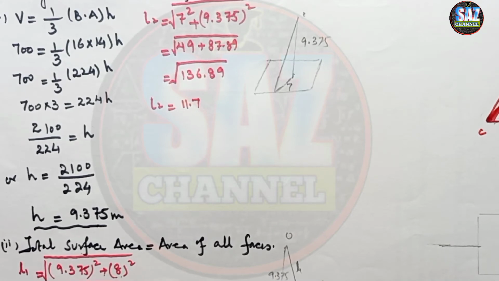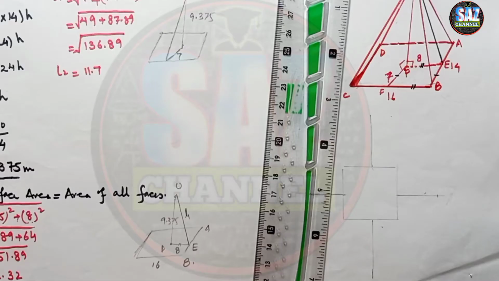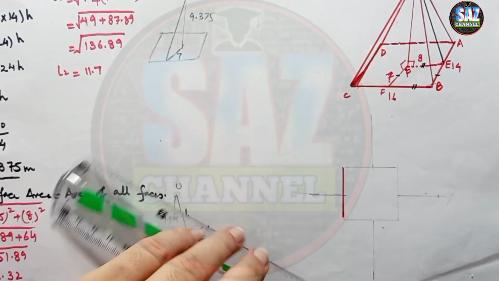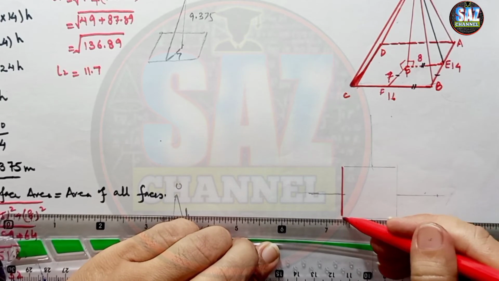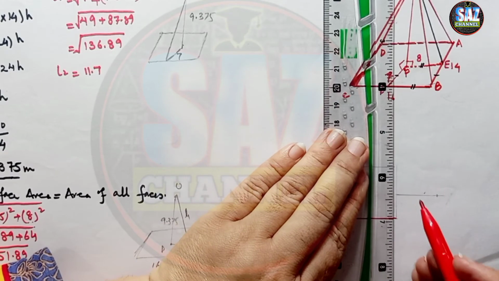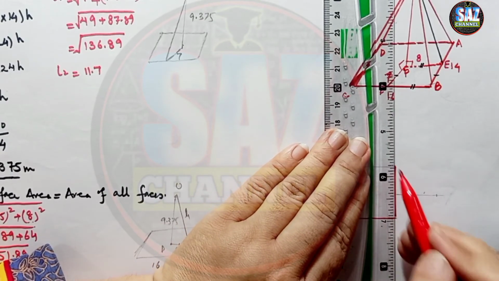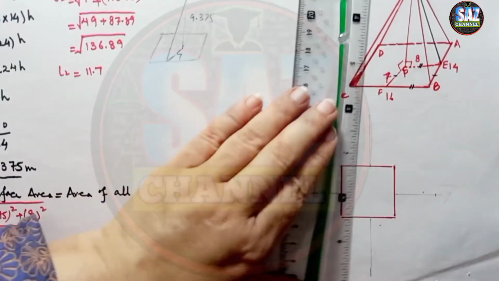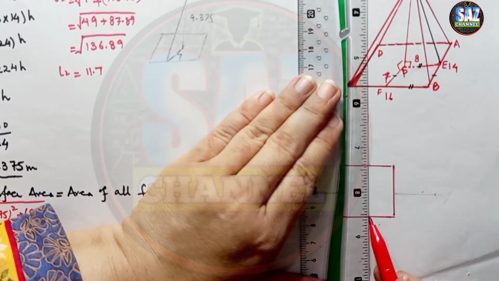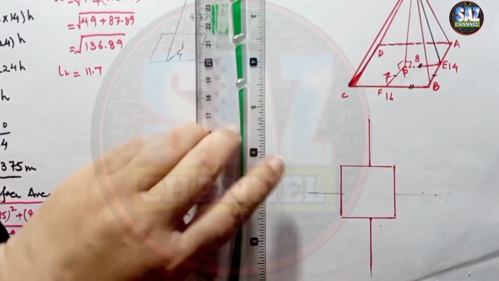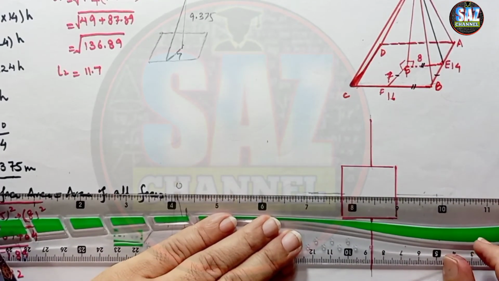Now we have two different heights of the triangle. Let me make the net of this diagram so that students can understand this question easily, and then we will be going for the calculation of the total area of this figure. This is the base, which is a rectangle with dimensions 16 by 14. Let me make this line as well. Try to draw these lines of the same length and from the midpoint. And then this line as well.